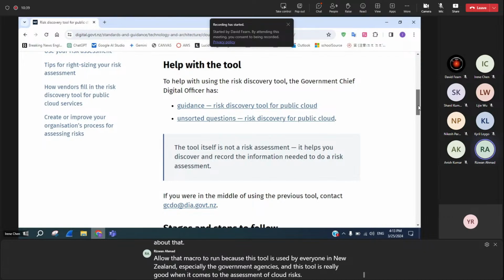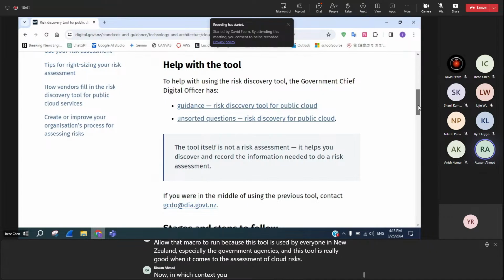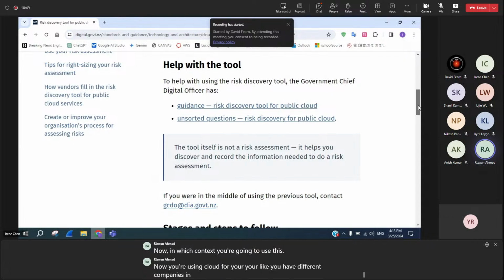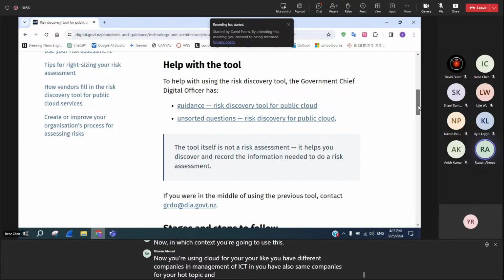Now, in which context are you going to use this? You have different companies in management of ICT, and you also have the same companies for your hot topic, and you're creating some product based on that.